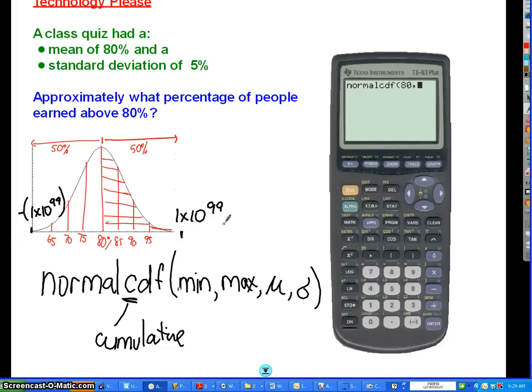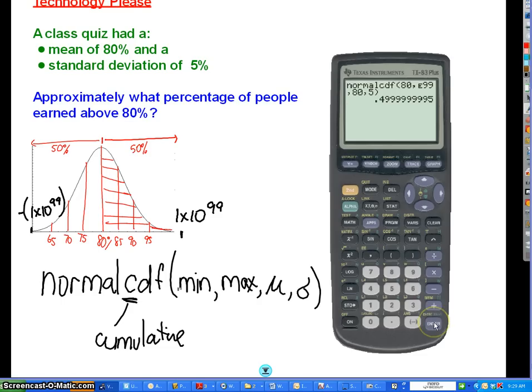Now to actually put that into our calculator, we use our EE key there. So in this case, we want a very large number. So I just select second EE and I put 99. So there's my maximum value where there's no endpoint, it's just greater than 80. So min, max. Now I enter my mean, which in this case is 80, and comma, my standard deviation, which was 5.